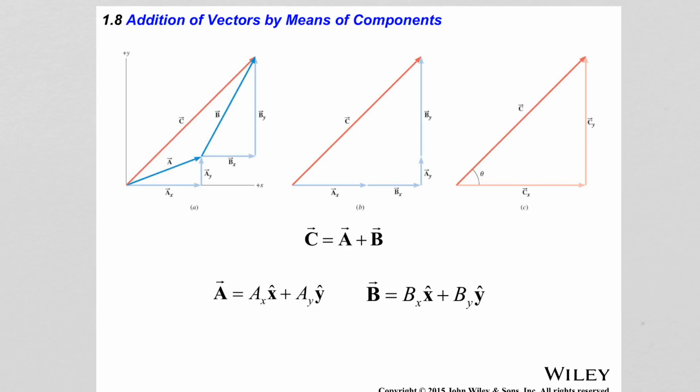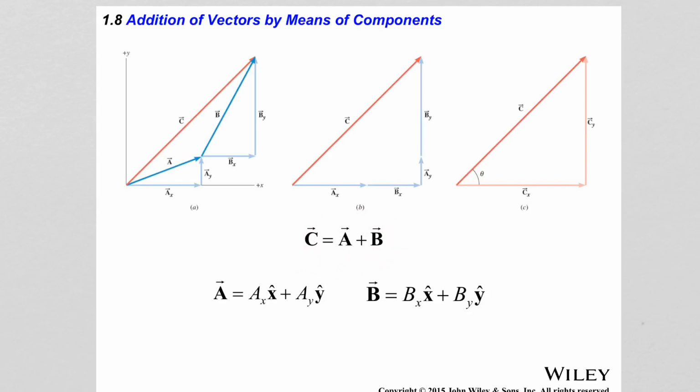I'm going to place them so that the tail of B is placed at the head of A. And so by the rules of vector addition, the resultant vector C will start at the tail of A and end at the head of B. Okay. So we know that C is equal to A plus B. However, if I only have these two vectors A and B in space, just provided with random orientations without any more information, this is as far as I can get adding those two vectors.